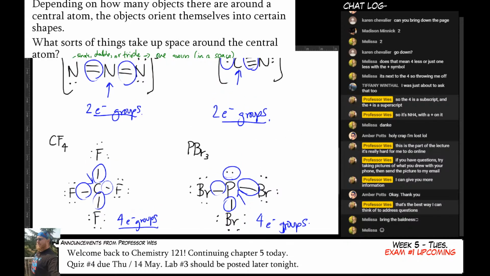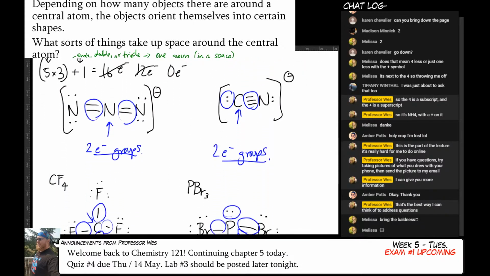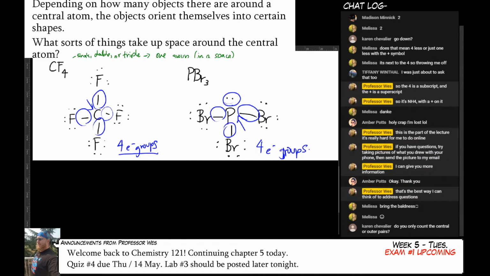So we're going to use these different families, this 2 electron group, this 3 electron group, and then down here the 4 electron group, as our templates. And yeah, so we only ever count the central atom. So anything that's going on the outside, we don't care. So over here on this molecule right here, we're going to ignore the outer atoms when we count the electron groups.